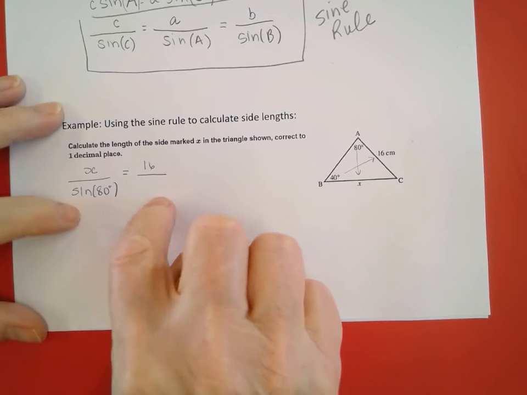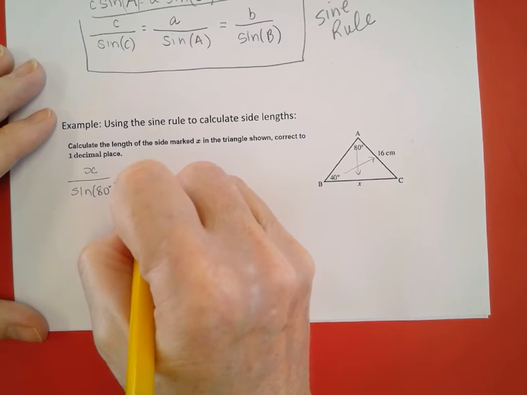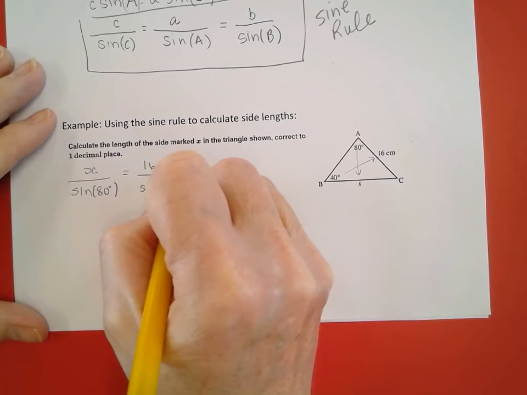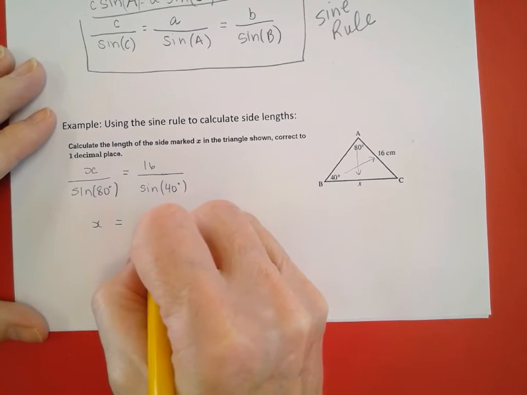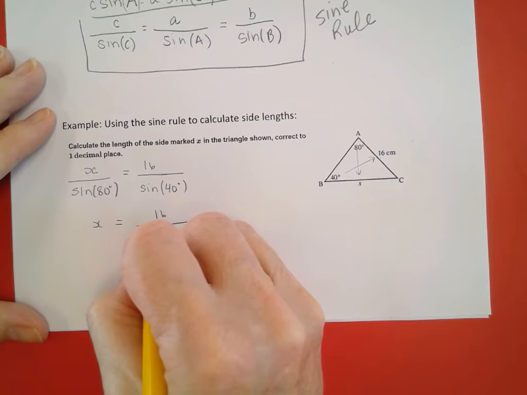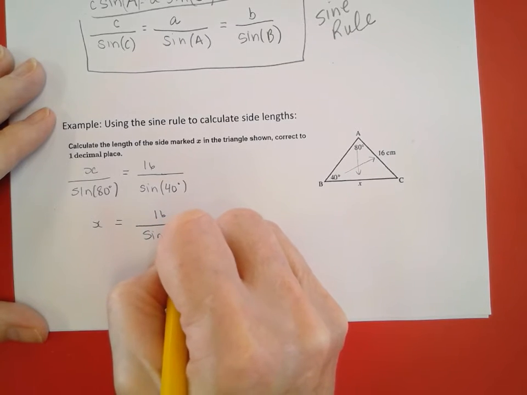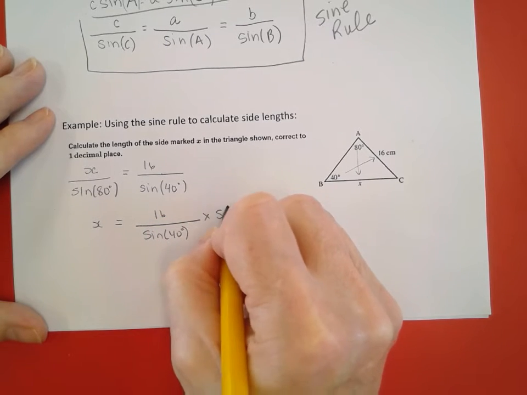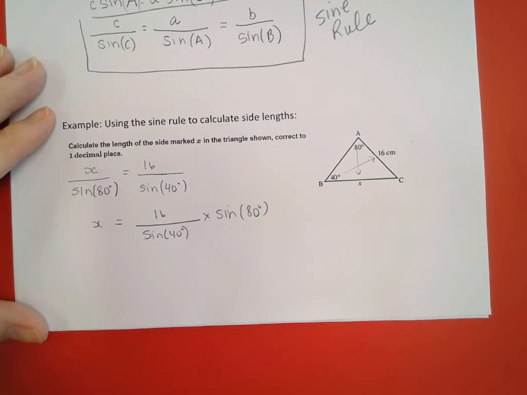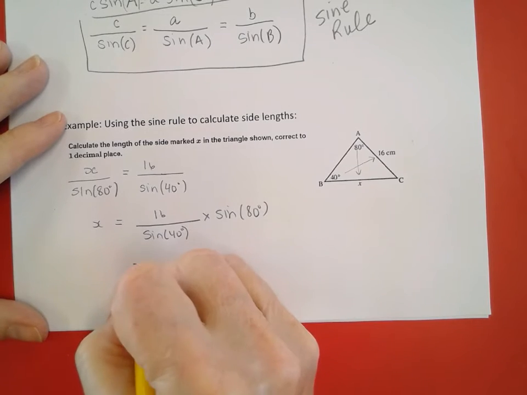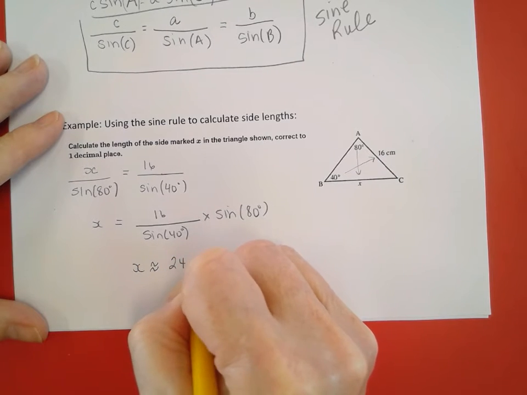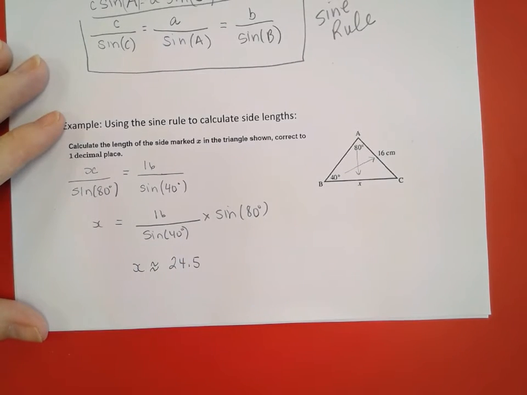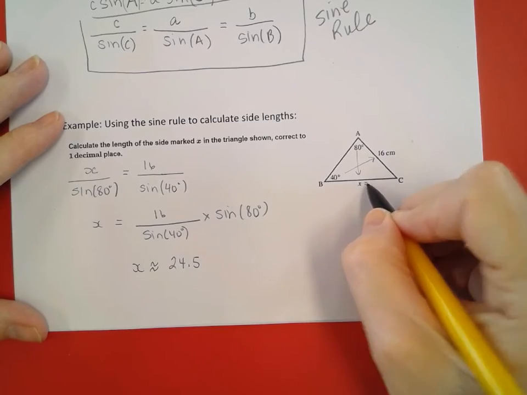Sides are on the top, angles are on the bottom in this case. So x equals 16 over sine 40 times sine 80. When you stick that in your calculator, you'll get that x is approximately 24.5. So this side is 24.5.